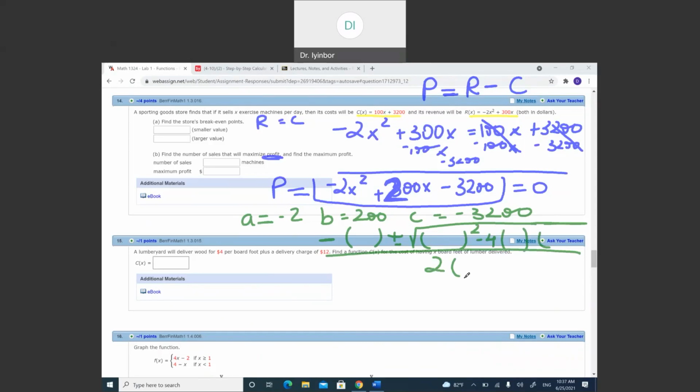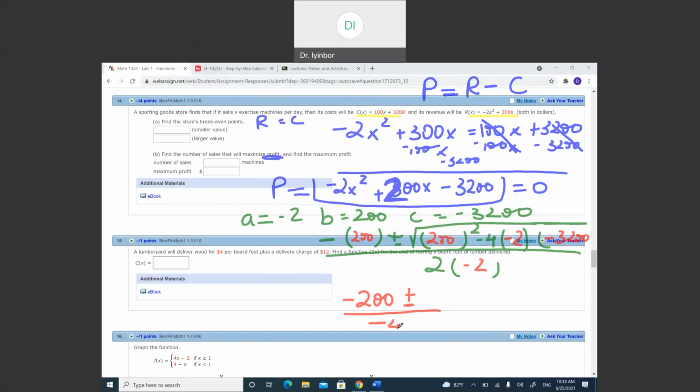So I have negative B is 200, and then you have B squared minus 4A is negative 2, and C is negative 3200, over 2A. And then you're going to simplify. So we can use the calculator first. I'm going to get negative 200 plus or minus the square root, everything over 2 times negative 2, which is negative 4.